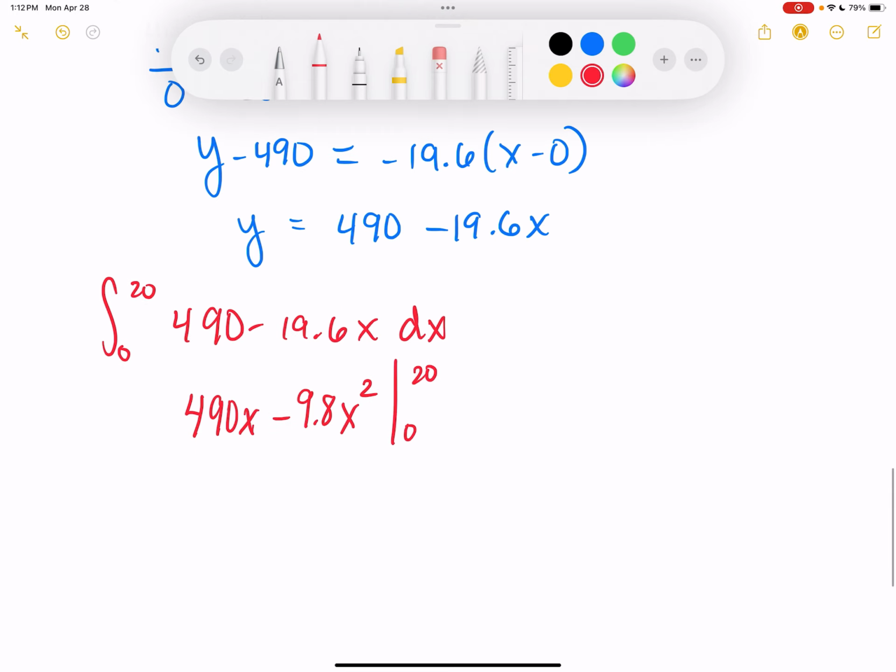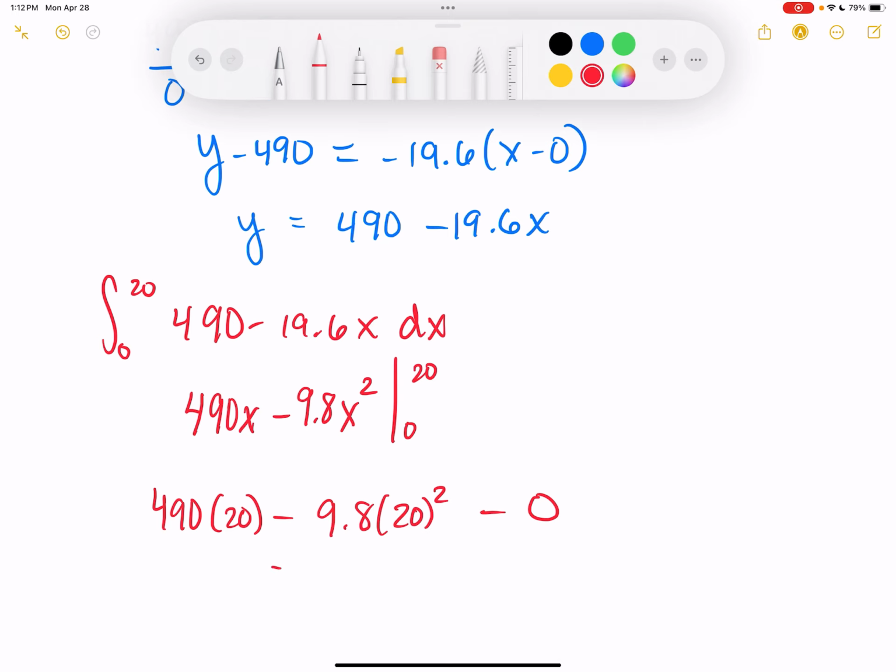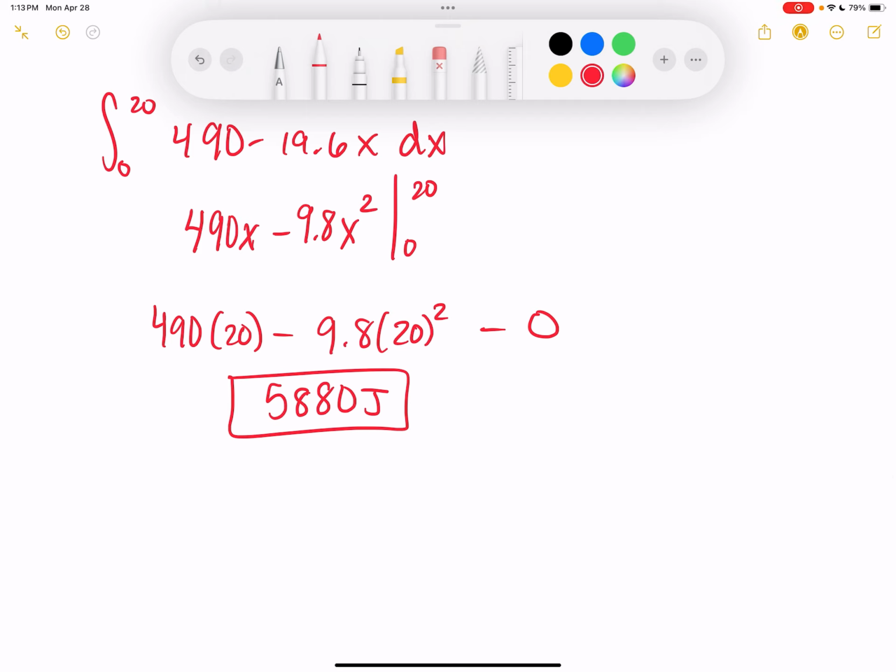From 0 to 20. So I get 490 times 20 minus 9.8 times 20 squared minus 0. Is that what you got? Yep. Awesome.